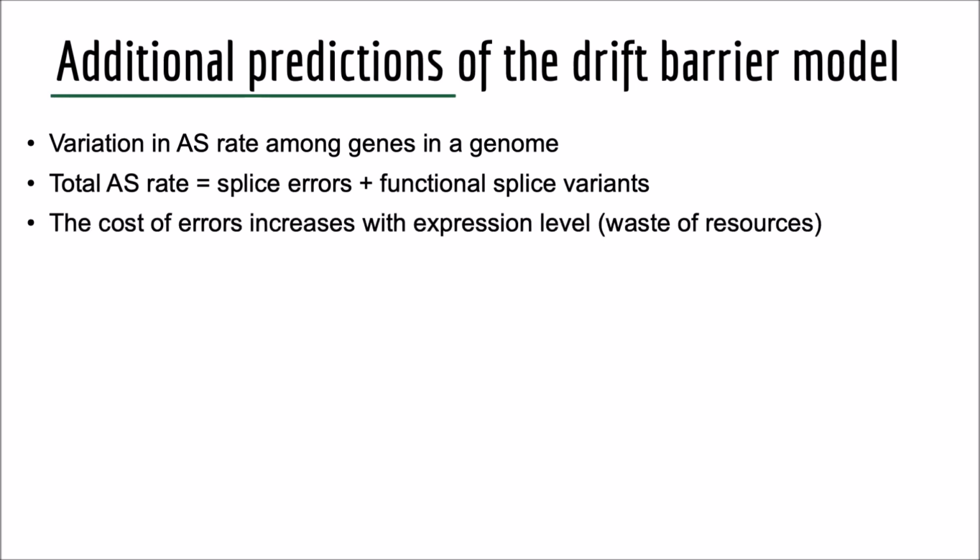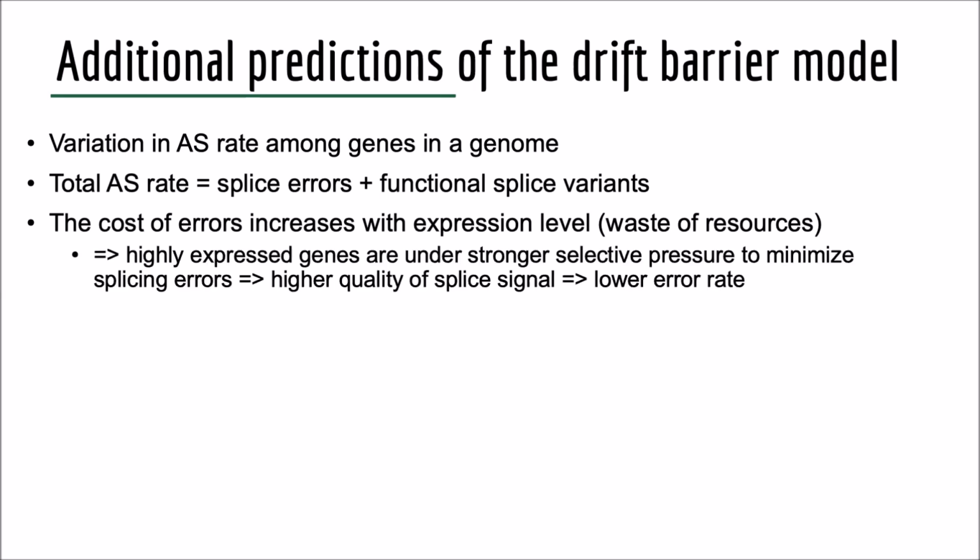And for the errors, we know that the cost of errors increases with the expression level, because the higher the level of gene expression, the higher the waste of resources each time you have splicing errors.